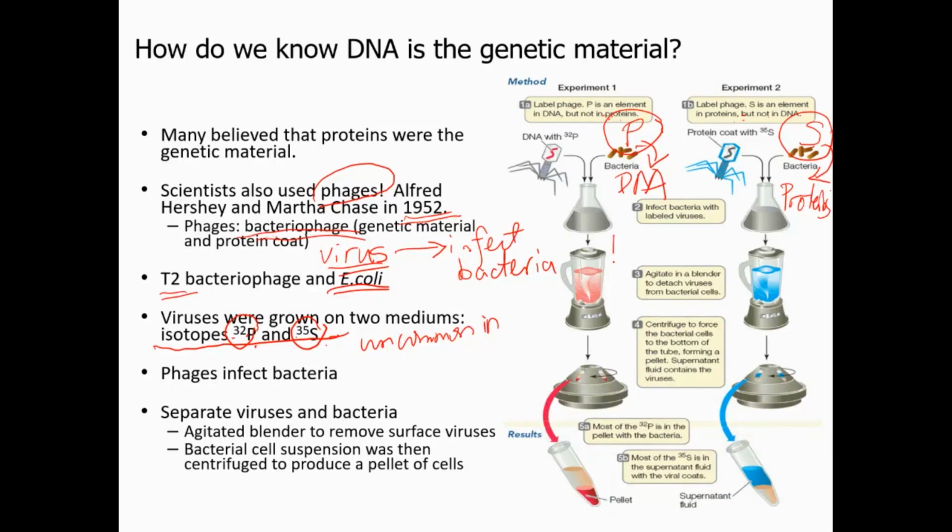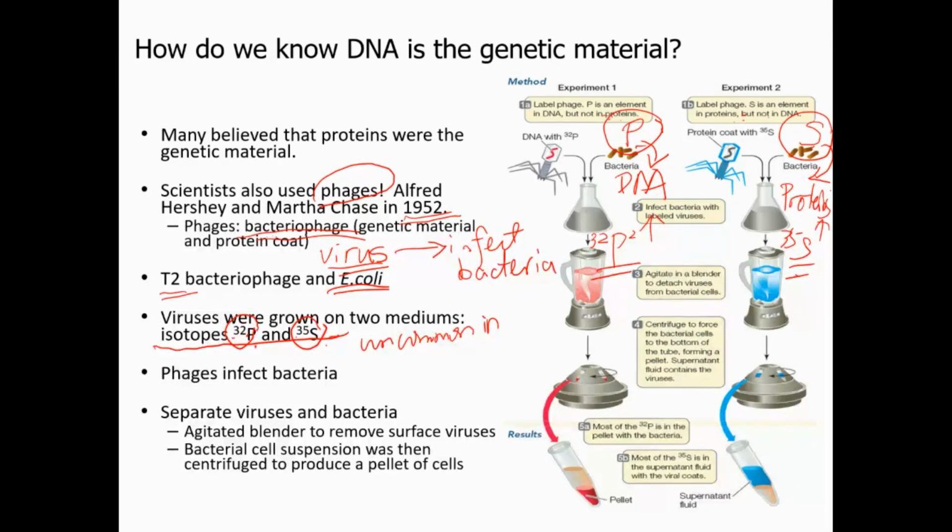If we see phosphorus-32, that means the bacteriophage injects DNA into the bacteria cell. So DNA is the genetic material. If we find sulfur-35 in the bacteria cell, then we know the virus injects proteins into the bacteria cell. So proteins would be the genetic material.